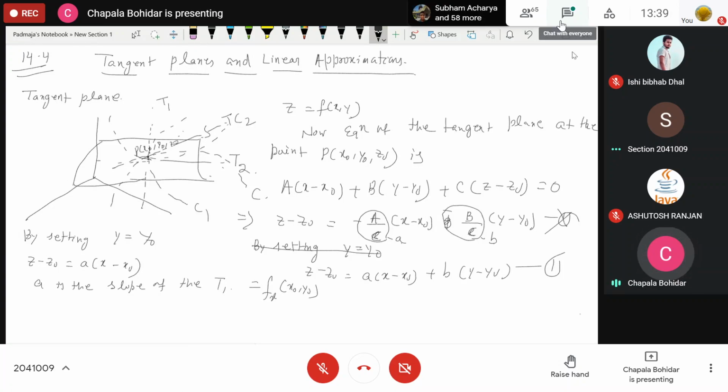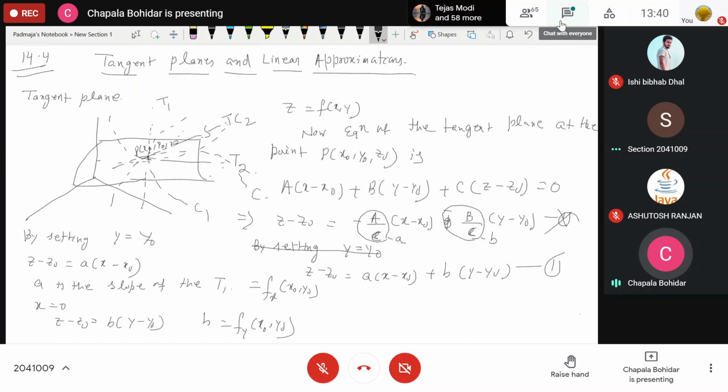Similarly, if we set x equal to x0, then we get z minus z0 is equal to b into y minus y0. There also we get the value of b, which is the slope of the tangent t2, so b is equal to fy at x0, y0.